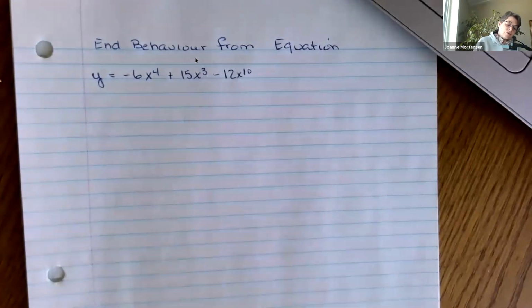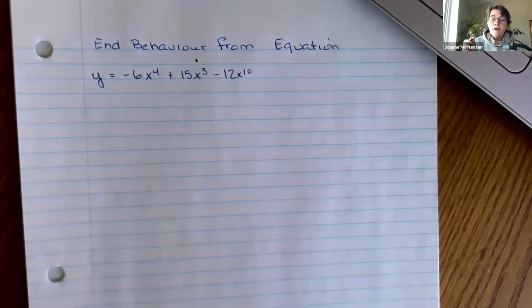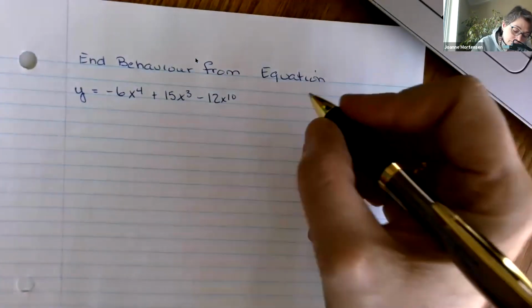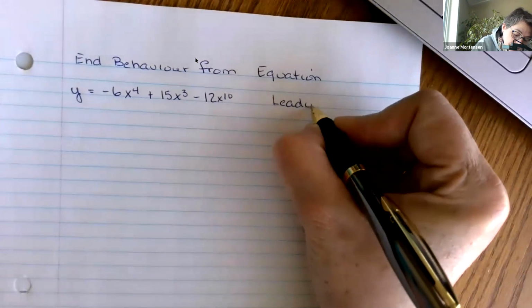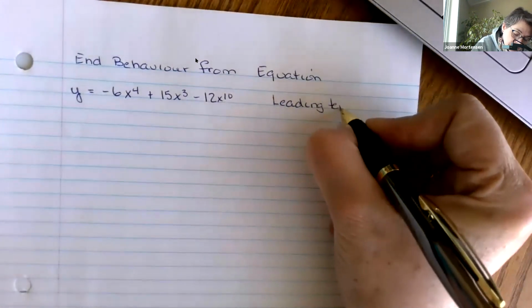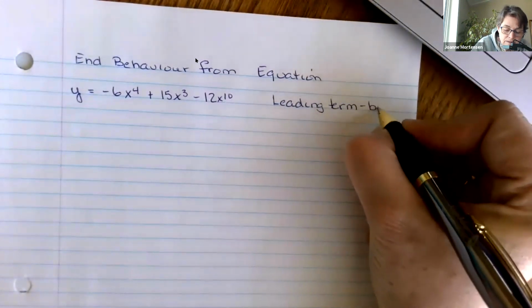So to get the end behavior from the equation, you have to be able to do a couple of things. You have to be able to find the leading term. And the leading term is the one with the biggest exponent.